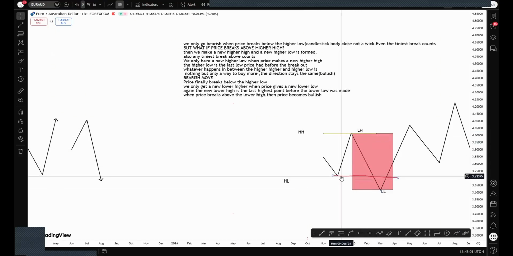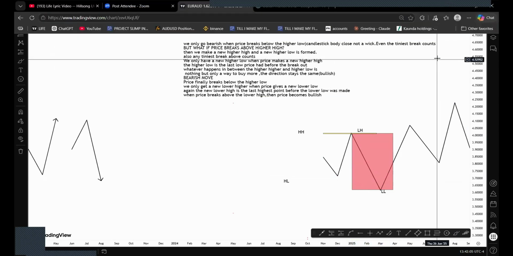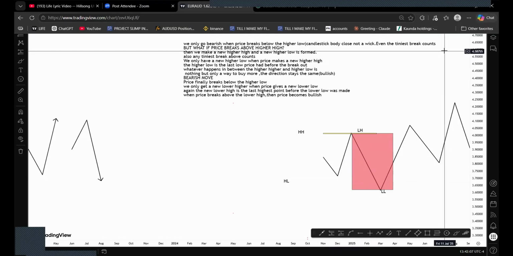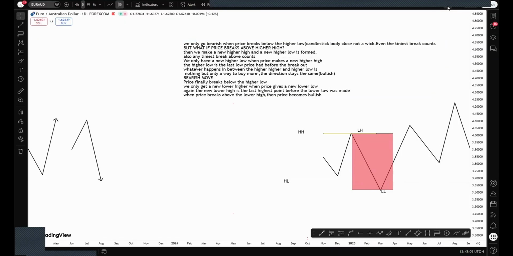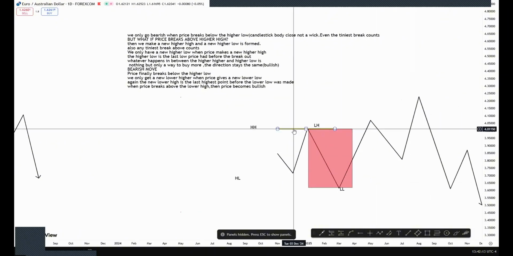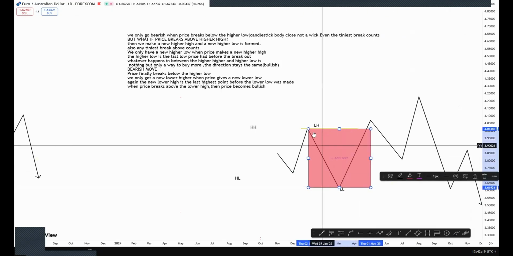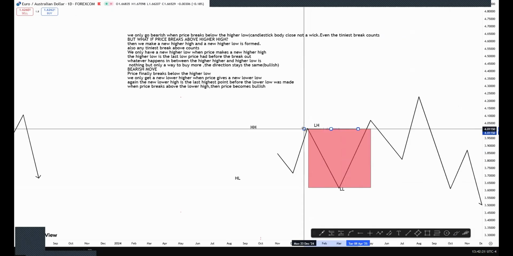So upon placing our lower high there, we now know that okay, we are now looking for sales. And we'll still be looking for sales until price breaks above our what?